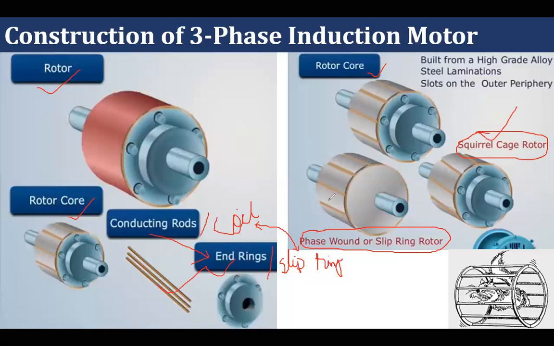If coil is placed and those coils are connected with the external resistance with the help of slip rings, then it is known as slip ring rotor. The squirrel cage rotor has its name due to its shape like a squirrel cage, because after placing the conducting rods, if we remove the core, then it looks like a squirrel cage.